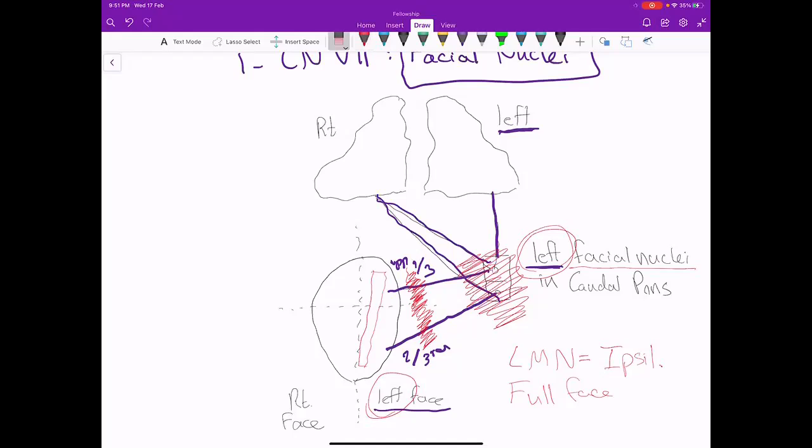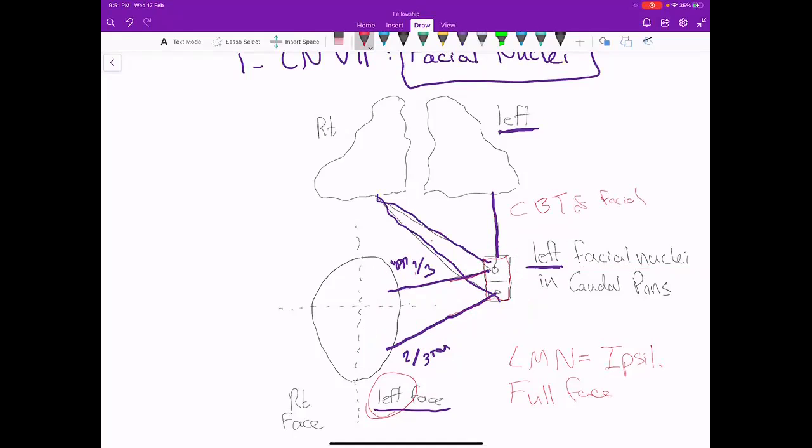Okay. Option number 2. So we said this is the facial nuclei, right? These are the facial peripheral nerves. And the ones over here, guess what these are? These are the corticobulbar tracts of the facial nuclei, correct?